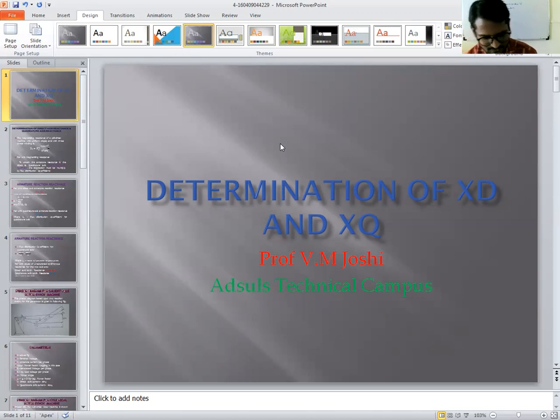When the peak of the armature MMF coincides with the direct axis, the D axis synchronous inductance LD is given as LD equals armature flux into NPH upon armature current. Here NPH is the number of turns per phase of the armature winding.